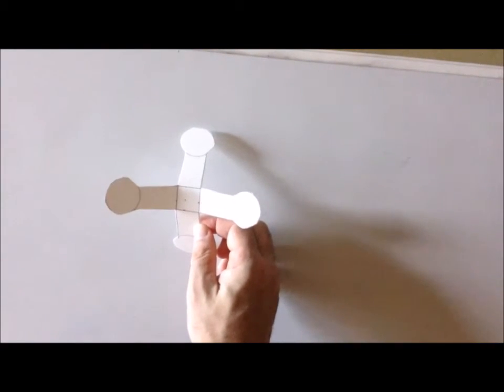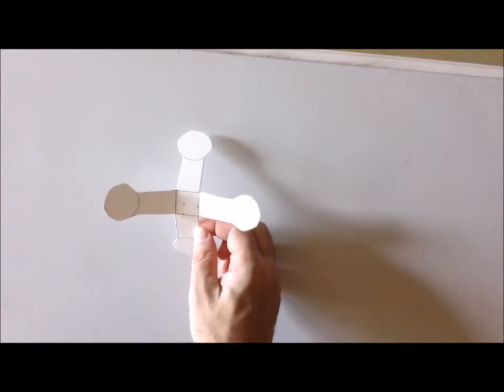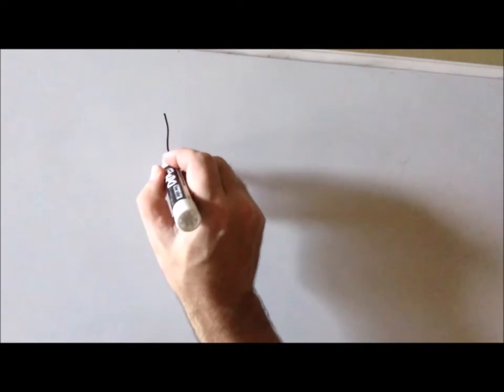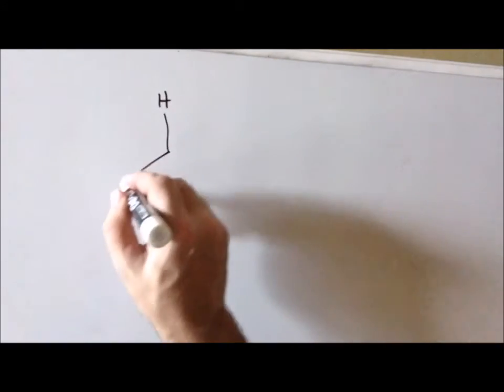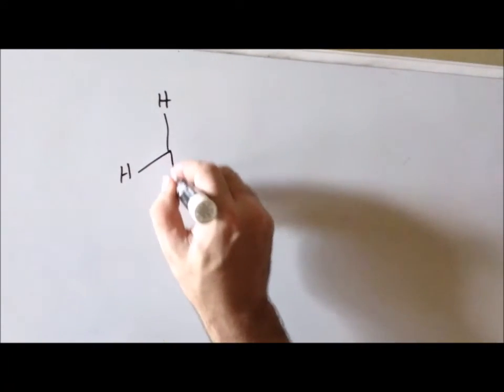Okay, so for most of our cases where we're going to have substituted tetrahedrons, we tend to draw them in the three-dimensional style. So let's look at one example of a substituted tetrahedron. In this case, we're going to substitute it with chlorine. So this is chloromethane, so we replaced one of the hydrogens with a chlorine.